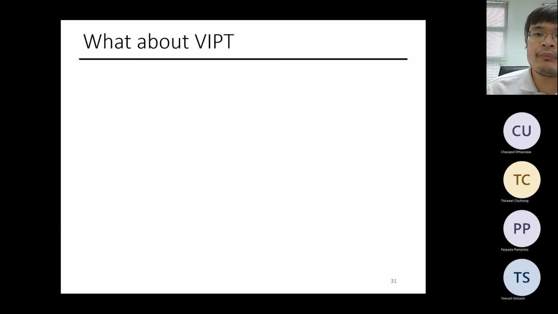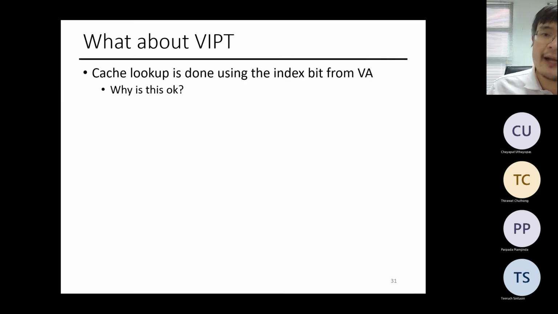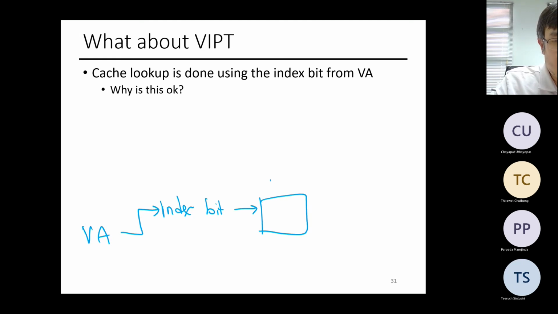How about VIPT? When you look up, you have the virtual address. You take the index bit to go to the cache to get the cache set.